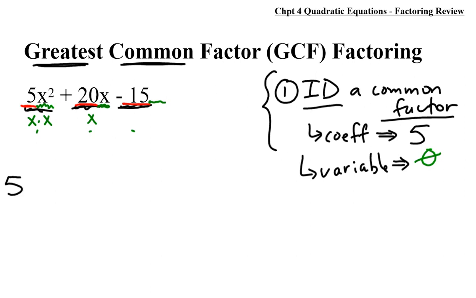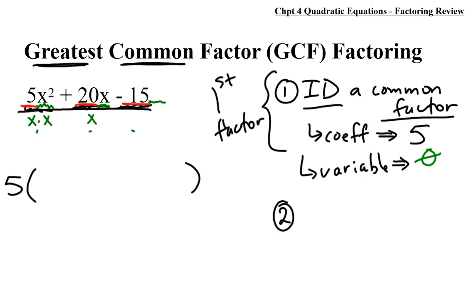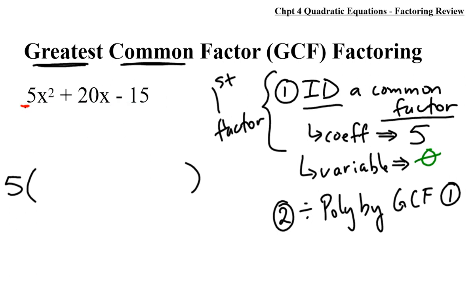And our greatest common factor is the first factor of the factored form. We're going to turn this trinomial into 5 times something. Well, the second step, how do I get the second factor? I divide the polynomial by the greatest common factor from step 1. So we need to divide this trinomial that we started with by the 5. Remember, all terms in a polynomial need to be divided by what you're dividing.